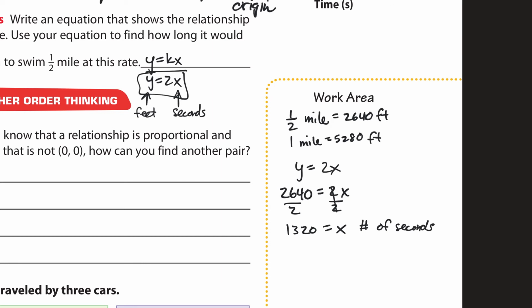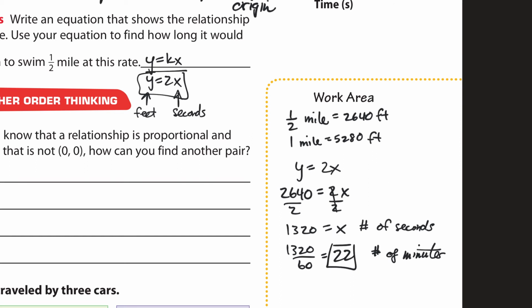So how many seconds are in a minute? There's 60. So we have to take this 1320 and divide by 60 to find the number of minutes. 1320 divided by 60 is 22.